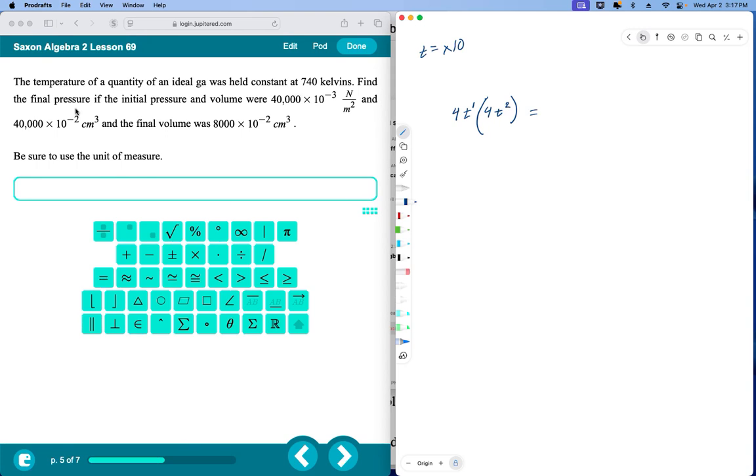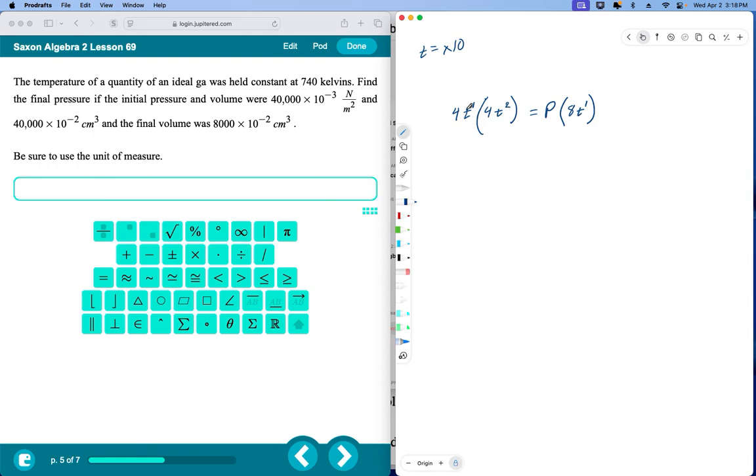That's what we're finding. So P, you could say P2 if you want. There's not another P, so we're just going to leave it like this, times 8 times 10 to the -2, but it needs to be 8, so 1, 2, 3. So add 3, so that just leaves 1, so T to the 1, right?